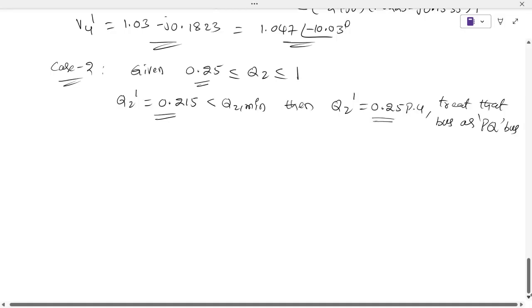So now as you are considering that bus as a PQ bus, V is not known and delta, the angle of voltage, is also not known. So we have to calculate both V and delta. First we will calculate the V value for bus 2, that is V21.